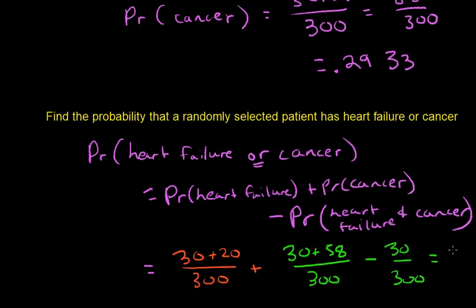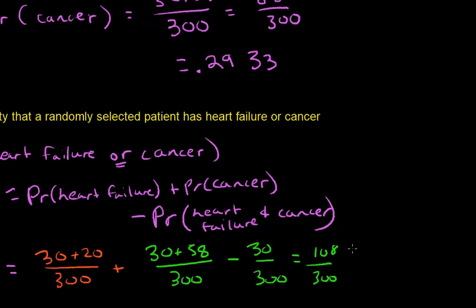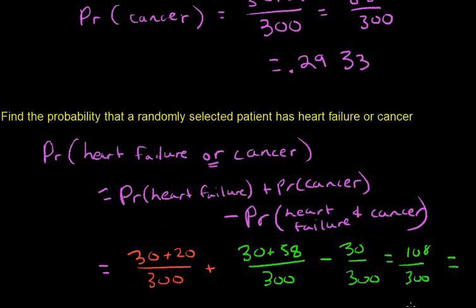If you do this, you get 108 over 300, which comes to 0.36. So the probability of having heart failure or cancer is 0.36.